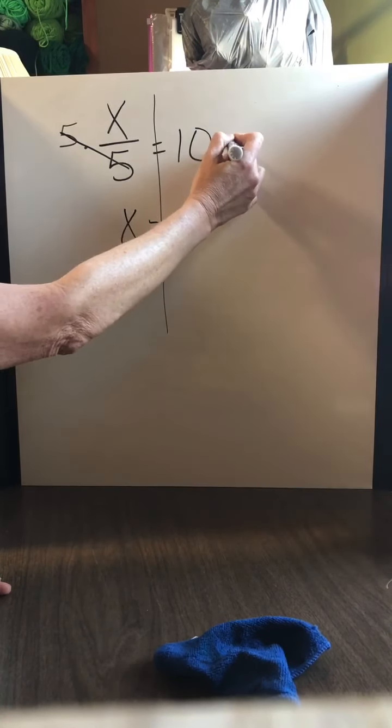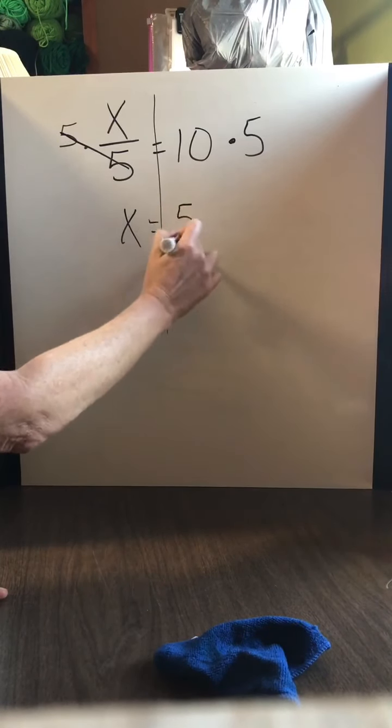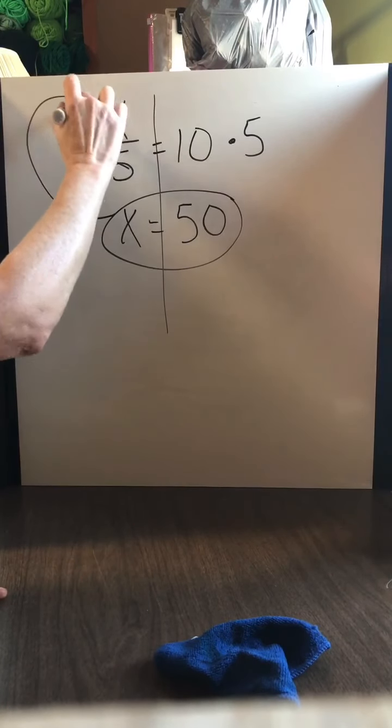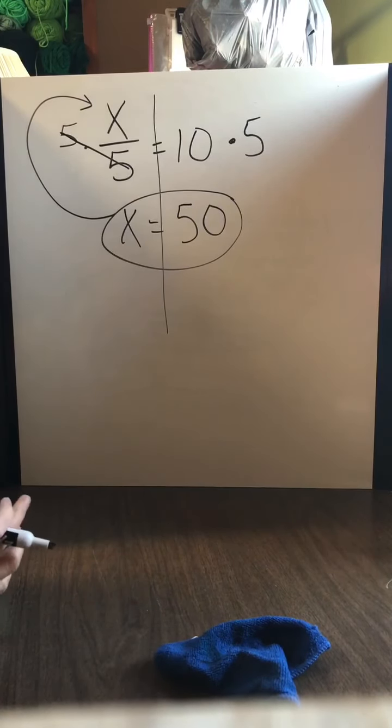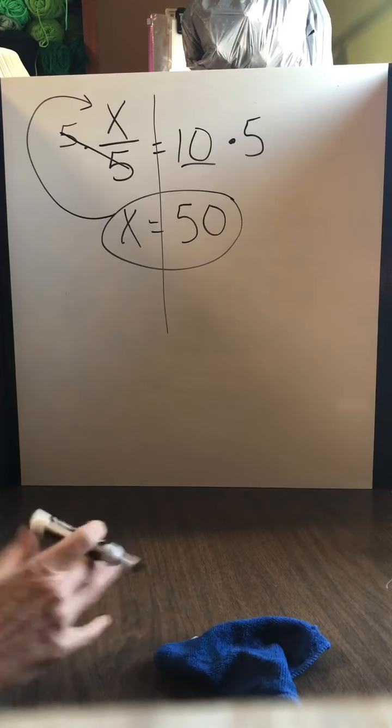But I still got to multiply this by 5, and 10 times 5 gives me 50. And if I were to plug in this 50 here for the x, that would become 50 divided by 5. And 50 divided by 5 does equal 10. So I did that correctly.